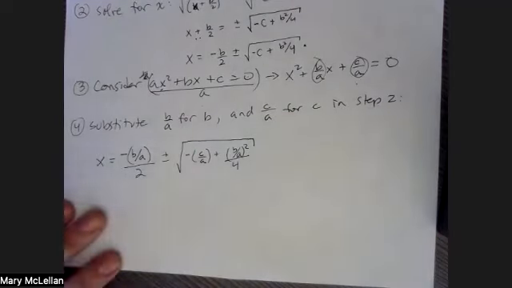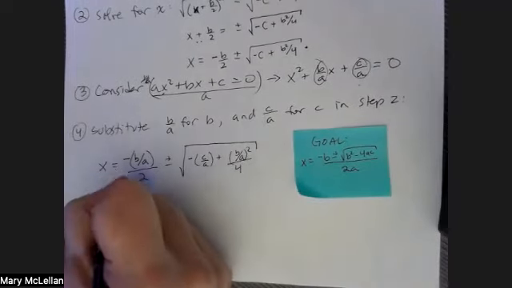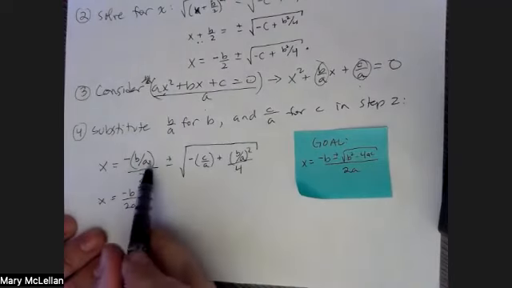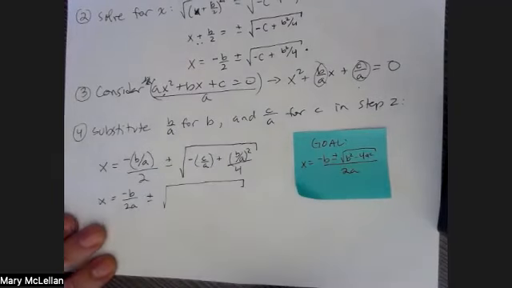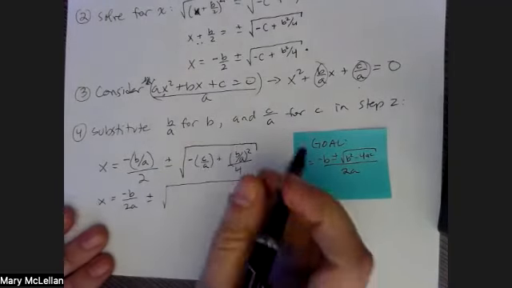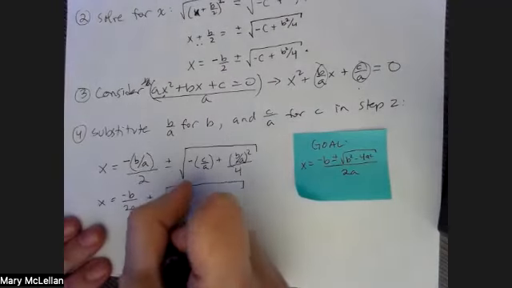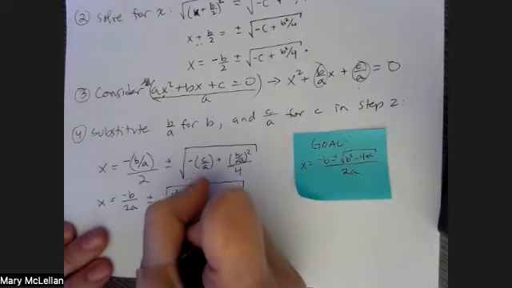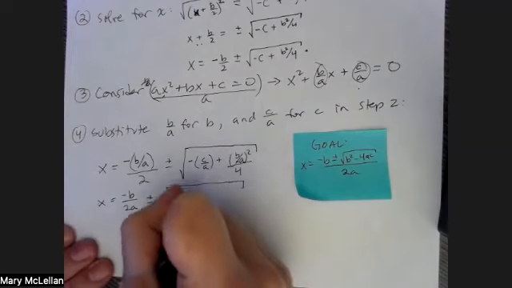The only difference between this and our goal is formatting. Okay, x is equal to negative b over 2a, same thing, plus or minus the square root of, I'm going to put this part first, b squared over 4a squared.